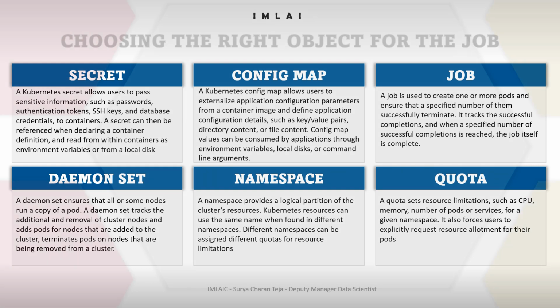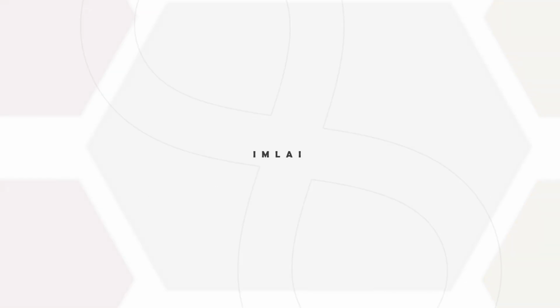So with this, we have come to an end of everything Kubernetes. Here we have gone through the history of Kubernetes and Kubernetes high level architecture, and we have seen the differences between traditional deployment, virtualized deployment, and container deployment.